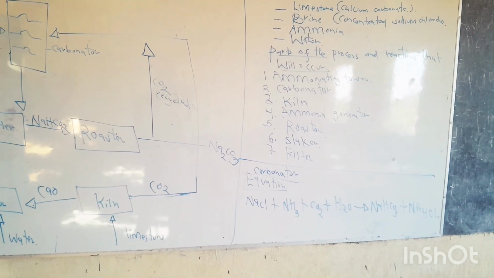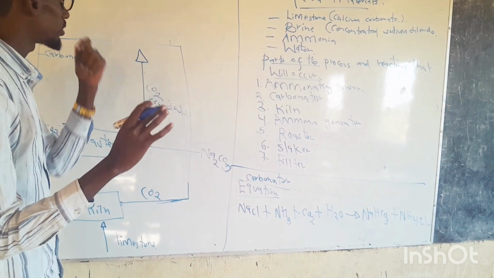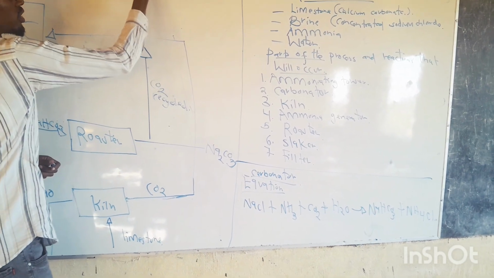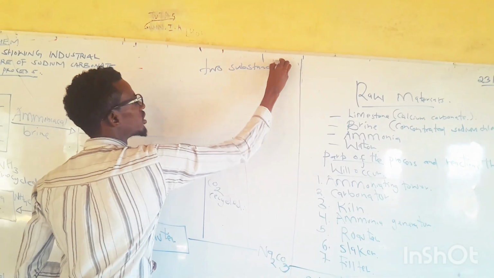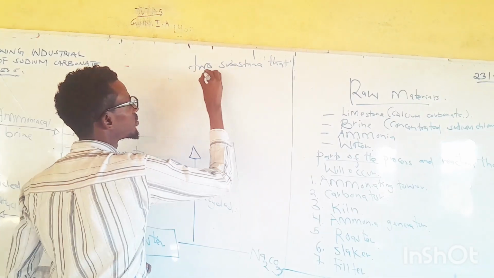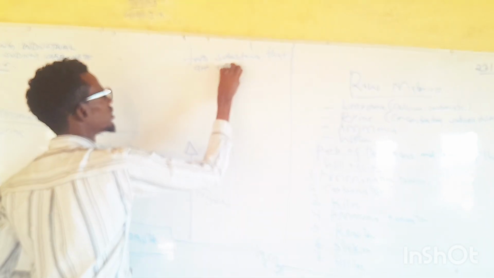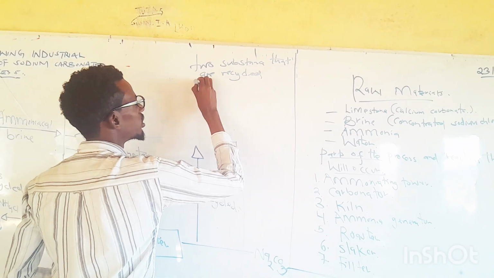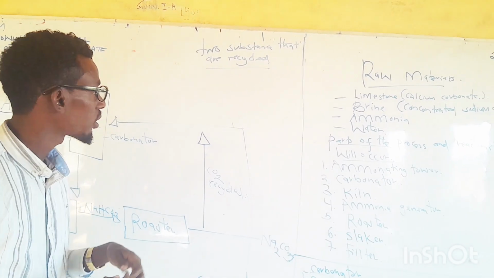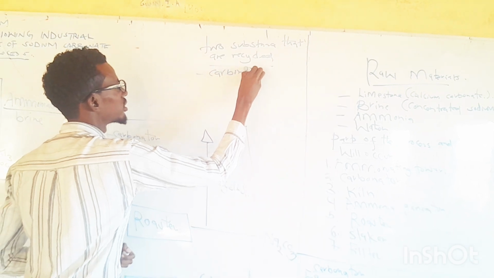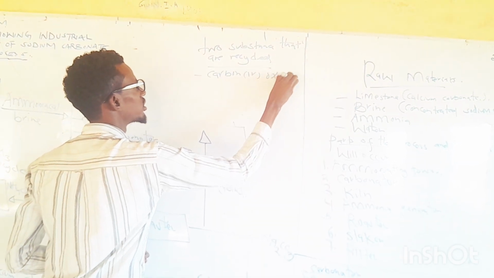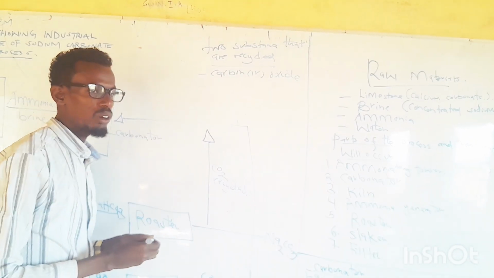There are two substances that are recycled. The two substances that are recycled are carbon dioxide and ammonia.